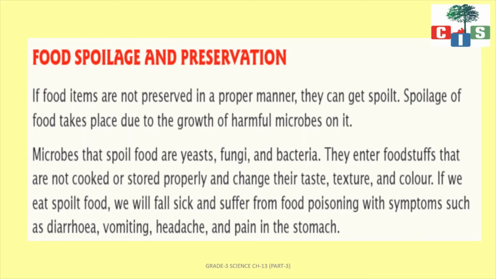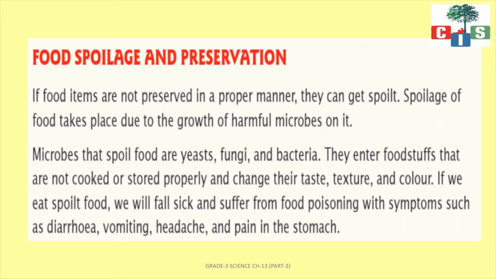Different microbes can grow according to the condition they are present in. Microbes that spoil food are yeast, fungi and bacteria. They enter foodstuff that is not cooked or stored properly and change its taste, texture and color.